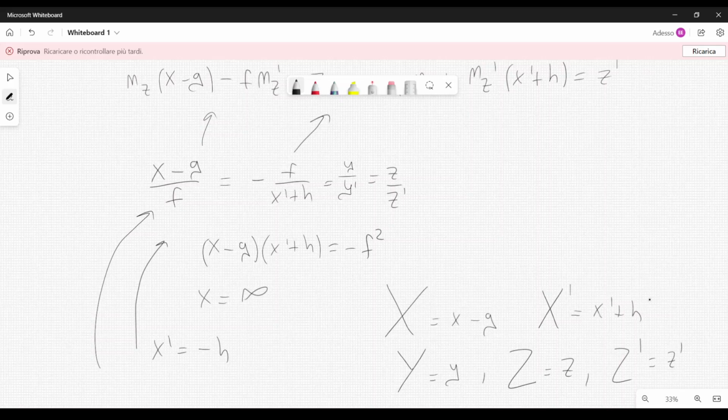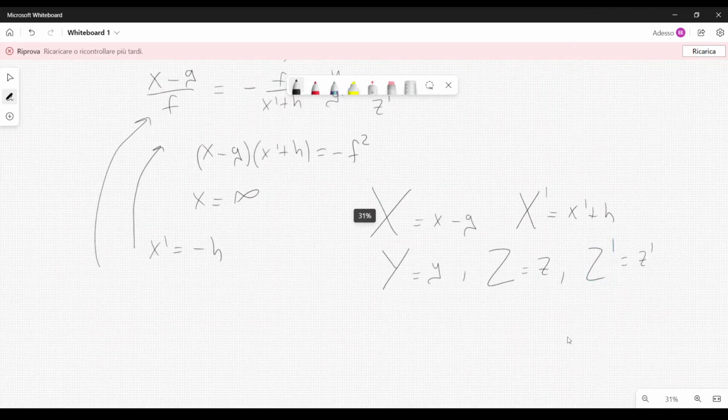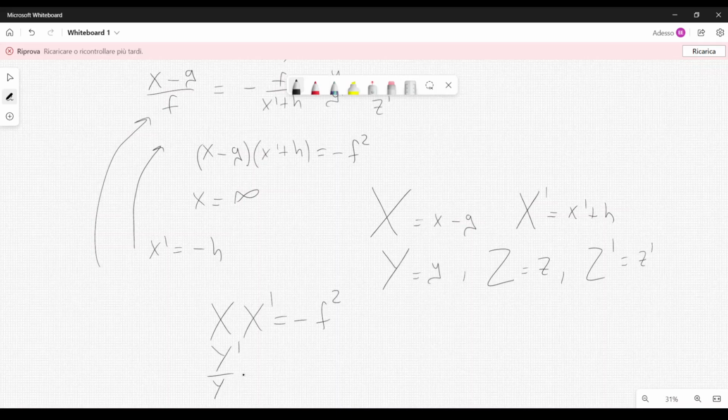And therefore, the equations of image formation in these new coordinates take the following form. We have capital X times capital X prime equal to minus f squared, and y prime over y equal to z prime over z equal to f over capital X equal to minus capital X prime over f. So we can rewrite these equations also in this form.